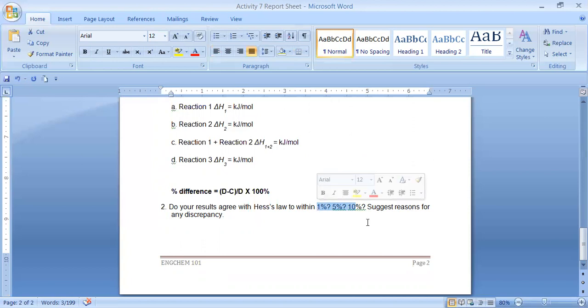But if it doesn't fall within the three given percentages, then you have to suggest any possible reason bakit kaya siya may discrepancy. Kailangan i-calculate nyo kung saan siya pasok, or kung hindi siya pasok, ano yung maaaring dahilan. So, I think that would be all for your activity number 7.